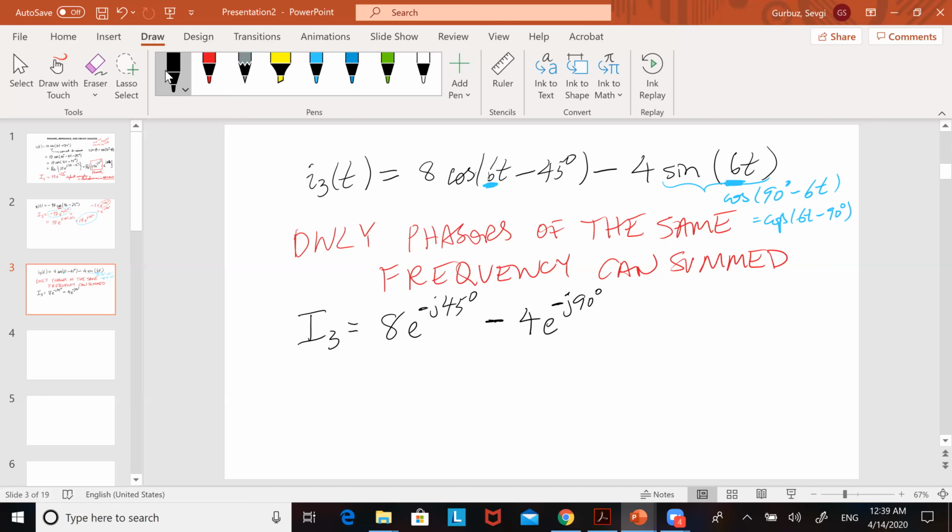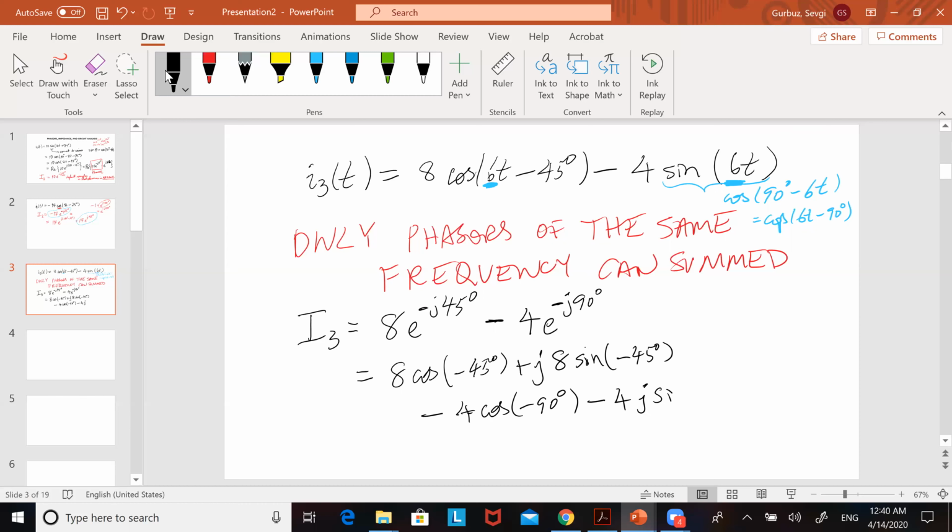So to do this, we have to use Euler's formula and convert these into rectangular format because it's easier to sum complex numbers which are in rectangular format. So this is now going to be 8 times the cosine of minus 45 degrees plus j times 8 times the sine of minus 45 degrees minus 4 times the cosine of minus 90 degrees minus 4 times j times the sine of minus 90 degrees.